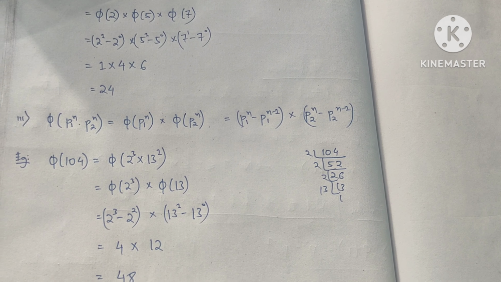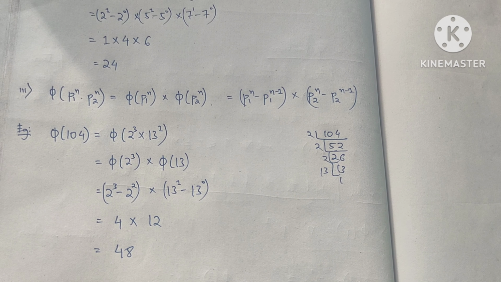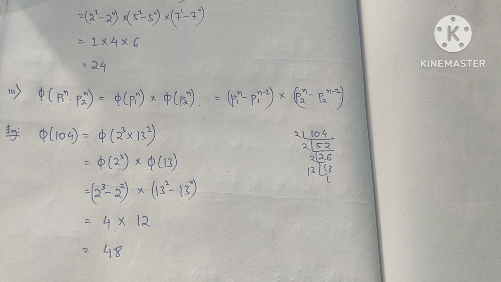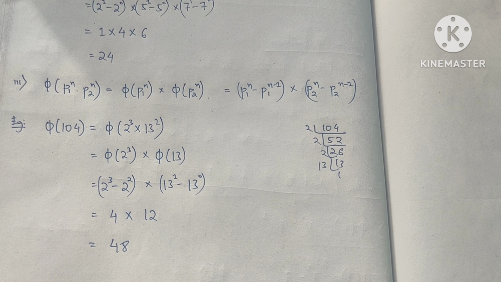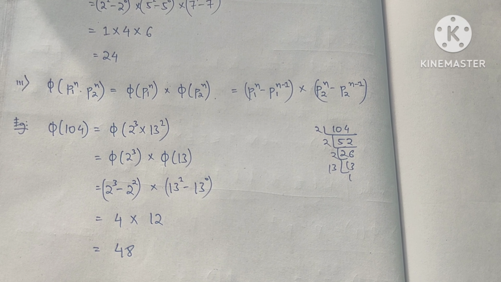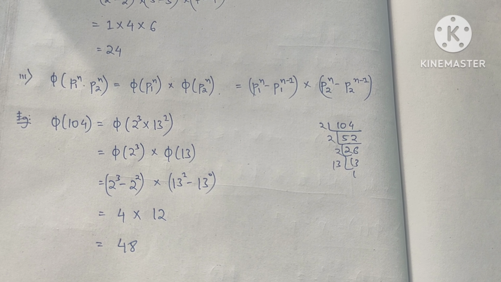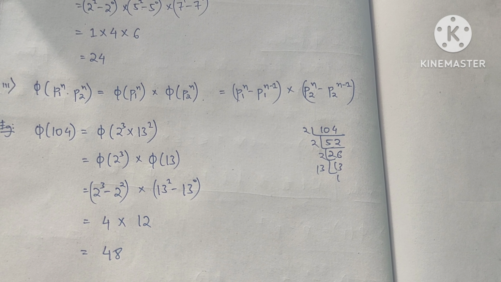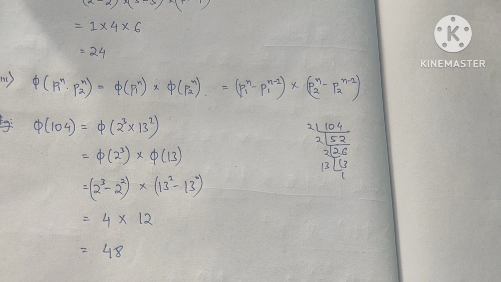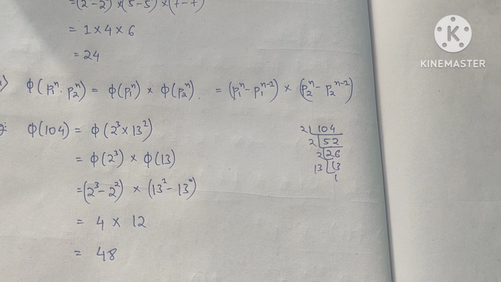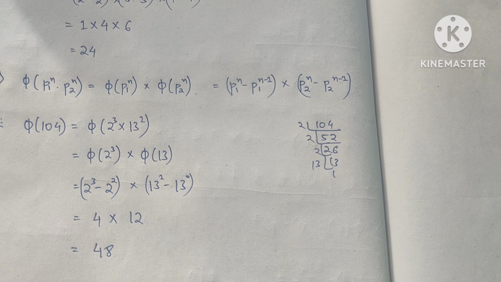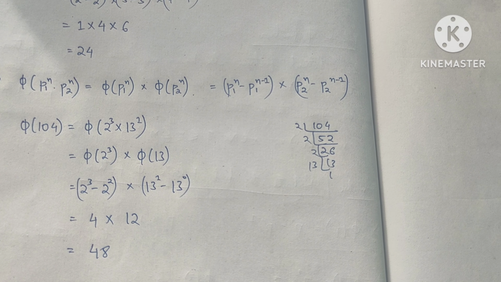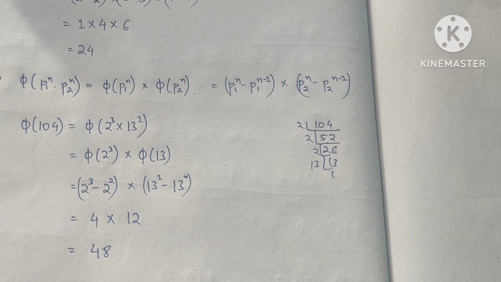So this number 3 formula is basically just an extended part of number 2 formula, right? The previous one which we did. So now in order to find the phi function of any number, we have to first write it in the product of primes, right?